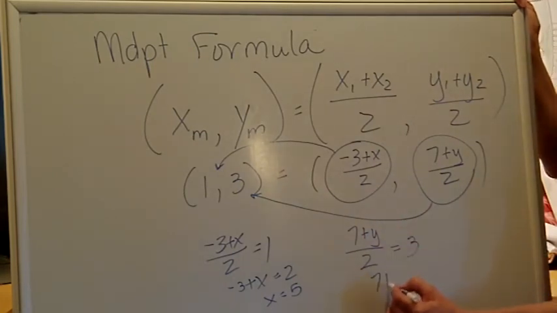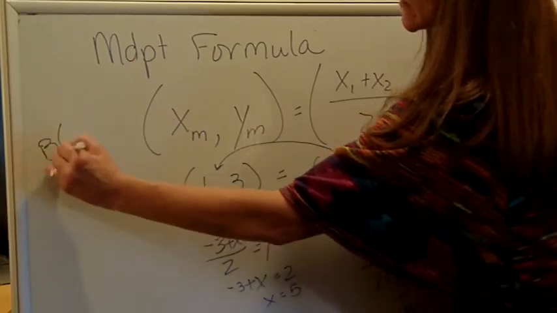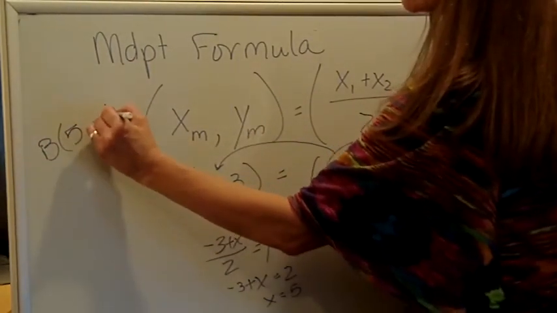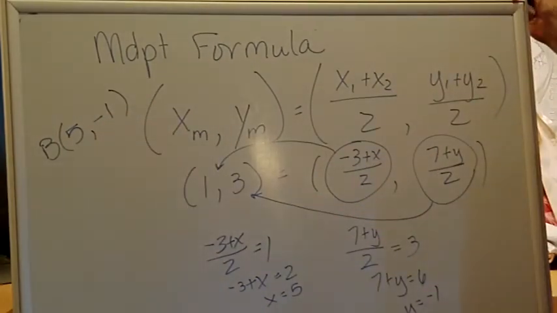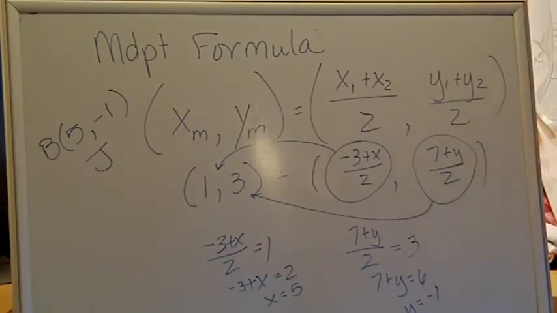Multiply the 2 over, I get 7 plus Y equals 6. Y has to equal -1. So it looks like my point B is going to be 5, -1, which is answer choice J. Wow, H, yeah, J. Y'all agree? That's one of the easiest formulas to know, in my opinion. Add your X's divided by 2, Y divided by 2.